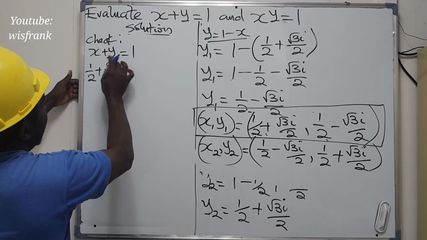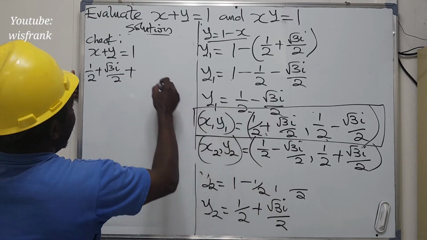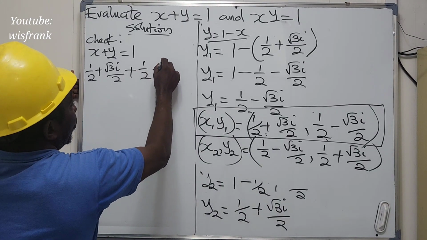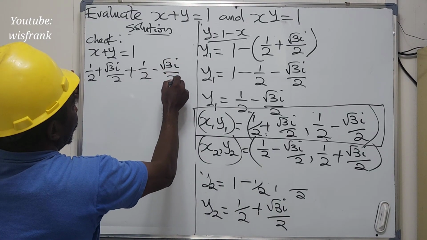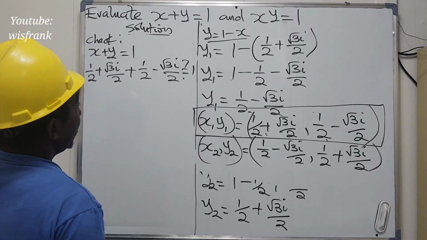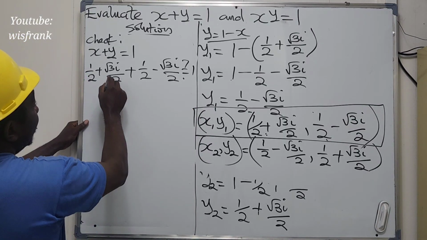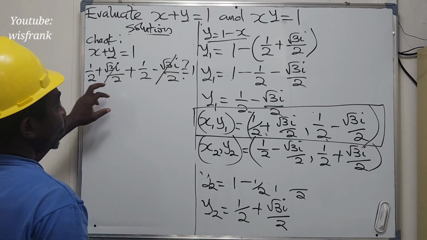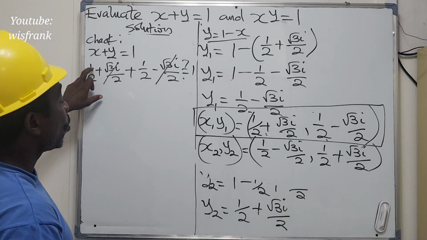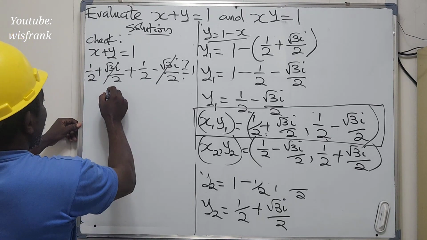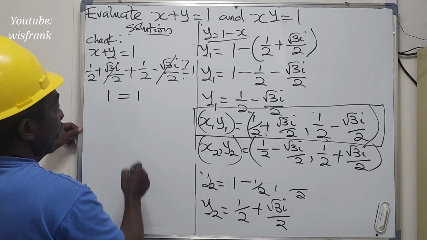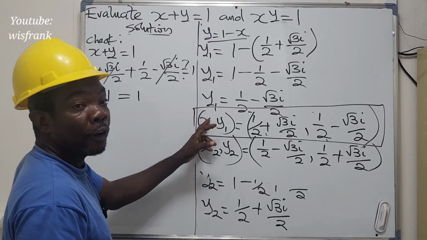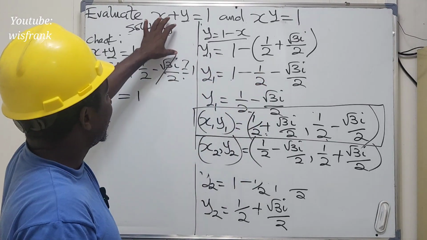Then plus y, our y is 1 all over 2 minus root 3i all over 2, which equals 1. We can see that this will cancel because we have plus or minus, and also half plus half is 1. So we have 1 equals 1. Therefore, the first value of x, y satisfies this first equation.